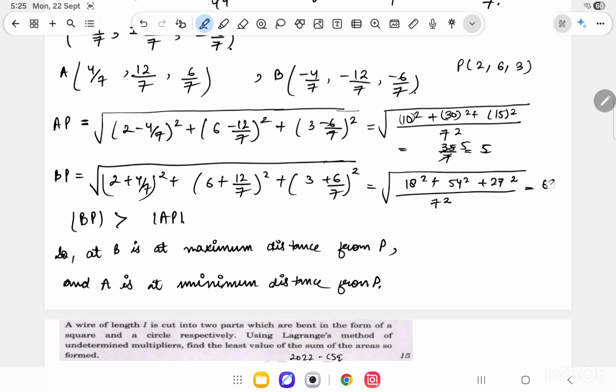So this is basically 63 divided by 7. So this basically gives us 9. So this is 5 units and this is 9 units.